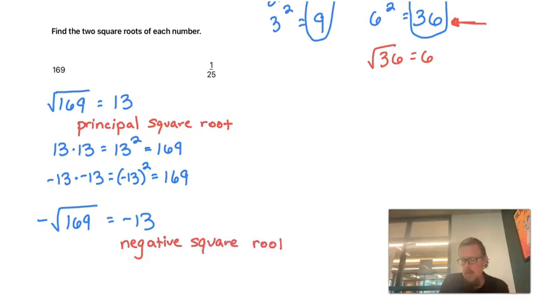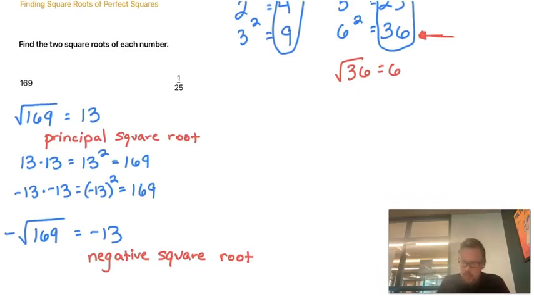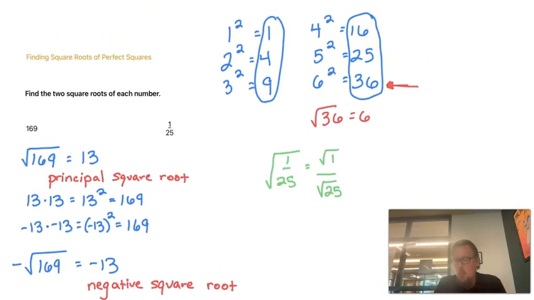Let's try another one. Let's try 1/25. So the square root of 1/25 can be pulled apart. And when I say pulled apart, what I mean is instead of taking the square root of that entire fraction all at once, let's take the square root of the numerator and the square root of the denominator separately. 1 squared was 1, so the square root of 1 could be positive 1.